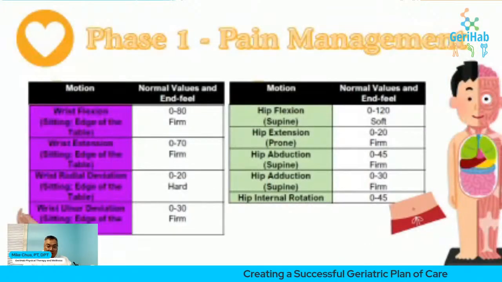It stretches the quads, it stretches the psoas muscle, and then it's very tight. Their heel will not hit their gluteal area, and it's an empty end feel, and it's supposed to be firm, right? Okay, all right. Let me go back to that.